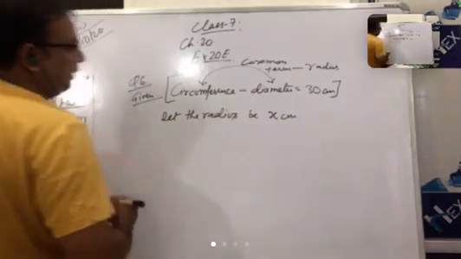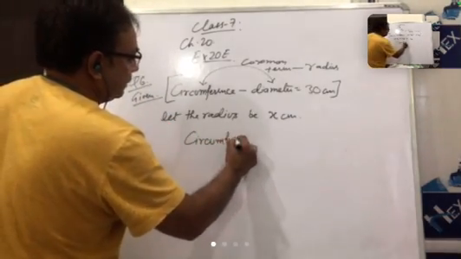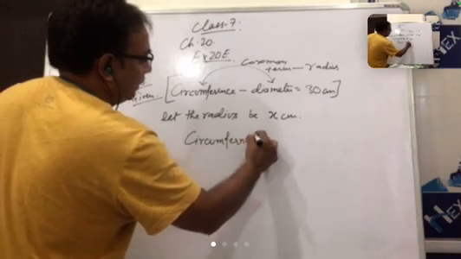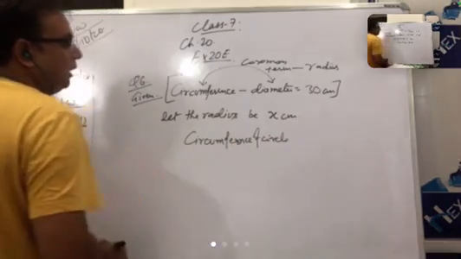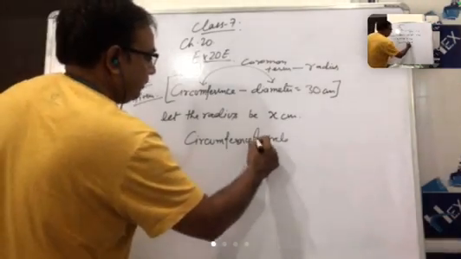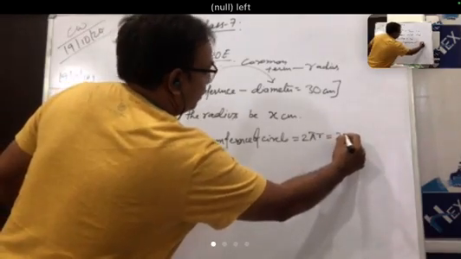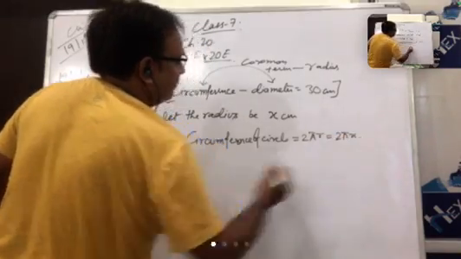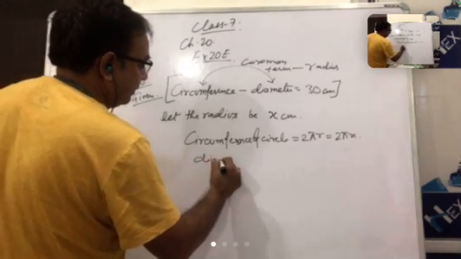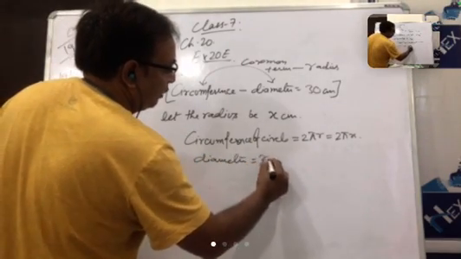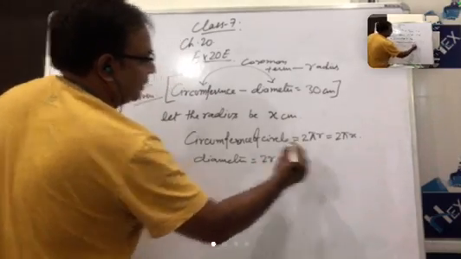Then circumference of circle is equal to 2 pi r, which means 2 pi x, and the diameter is equal to 2r, so it's 2x.